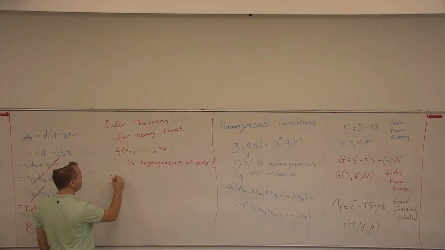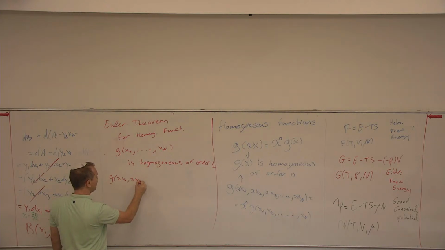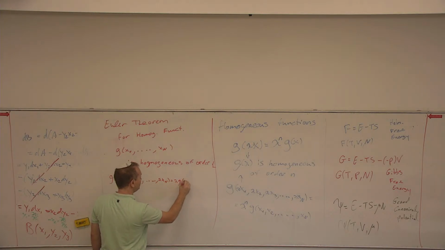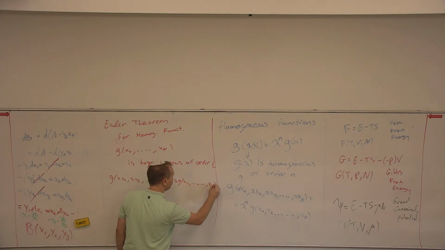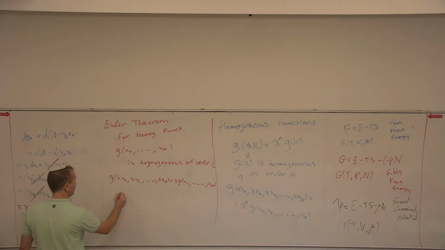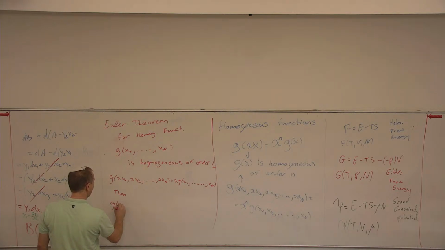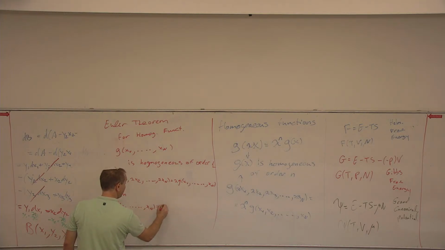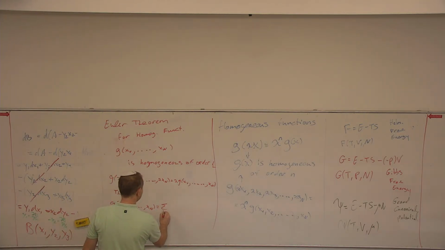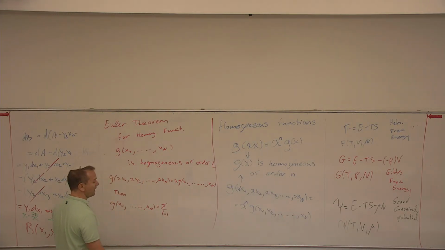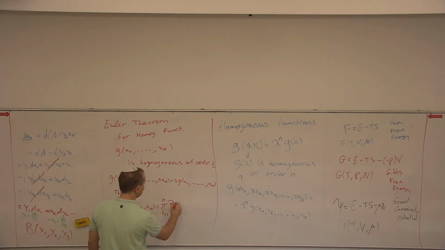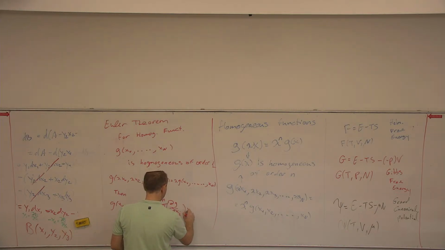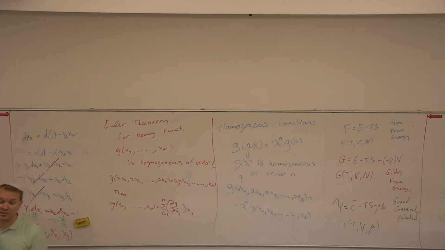What it means is that g of lambda x1, lambda x2, up to lambda xn equals lambda times g of x1 to xn. Then g of x1 to xn can be written in the following form: a summation from i equals 1 to n of the partial derivative dg over dxi, times xi. This is the Euler theorem.